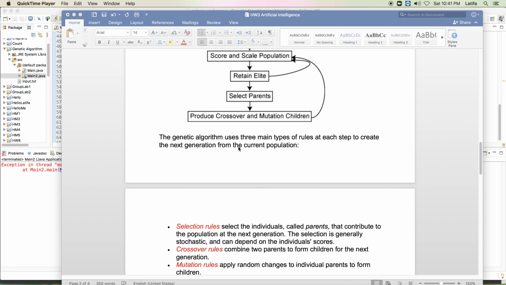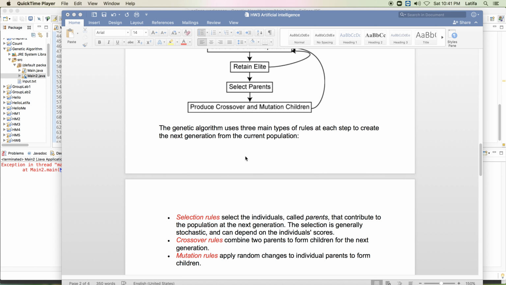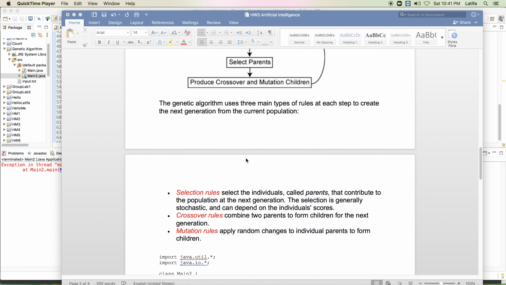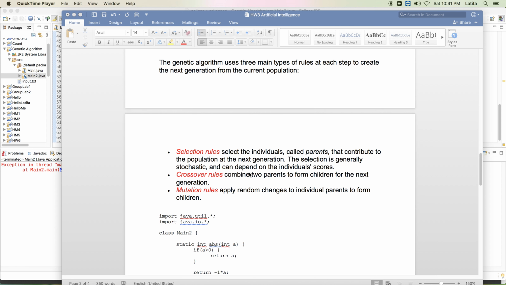The genetic algorithm uses three main types of rules at each step to create the next generation from the current population. The first main type of rule is the selection rules. That means to select the individuals, called parents, that contribute to the population at the next generation.